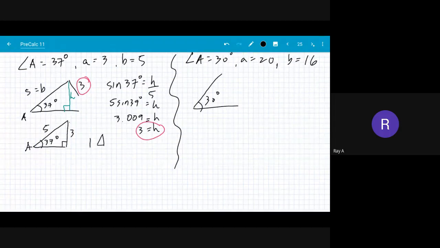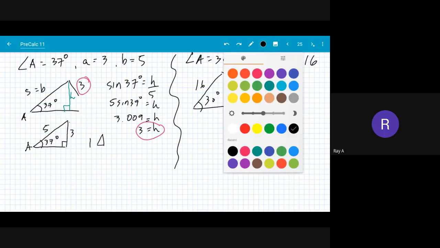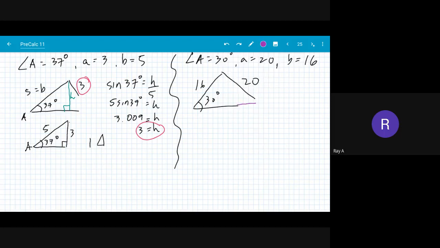Now, in this case, if I'm going to be putting in the value 16 here, and then maybe 20 is going to go that way, right away you can tell yourself that, okay, I think there is one triangle possible, because all you have to do is extend this part here. If you extend this one, you will reach it here. Now, this one gives you one triangle also.